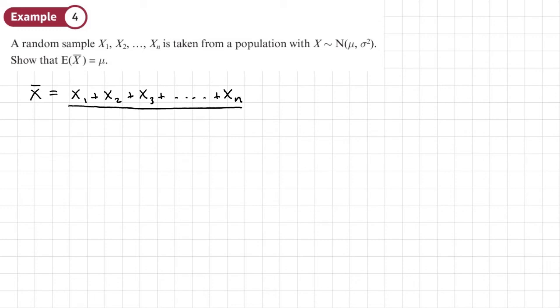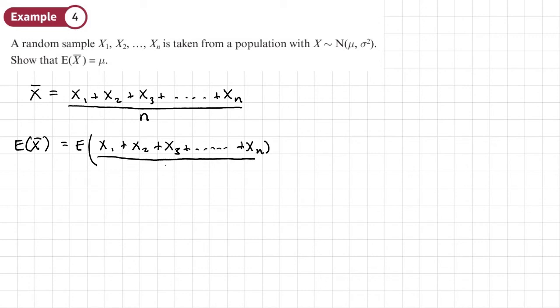So that's how we find x bar. So now we want to find the expected value of all of these sample means, which is finding the expected value of what we've got on the other side. So it's just like an equation. Whatever we do to one side, we do to the other. So we've got that there.